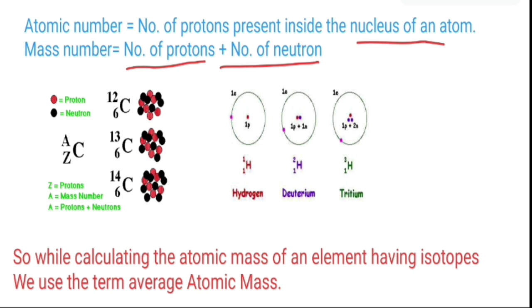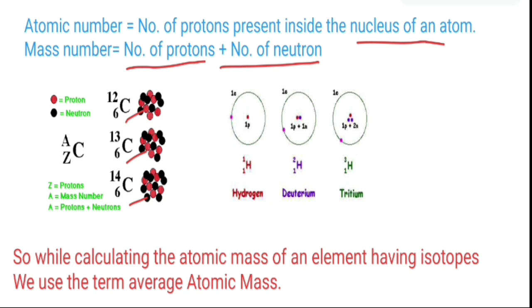Take the example of three isotopes of carbon: carbon-14, carbon-13, carbon-12, written as 6C14, 6C13, 6C12. 6 represents the atomic number and 14 represents the mass number. So you can see here in the isotopes of carbon, they have the same atomic number but different mass numbers.